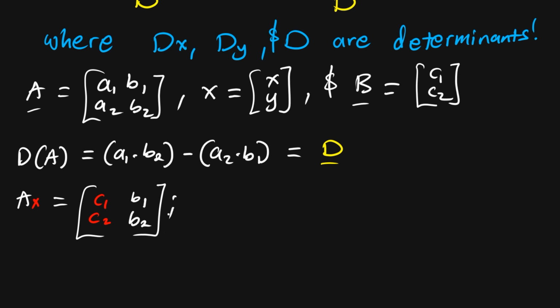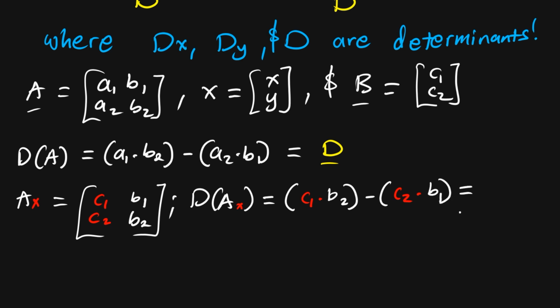So from this, let's obtain the determinant. The determinant of Ax will equal the product of elements on the major diagonal, which is c1 times b2, minus the product of elements on the minor diagonal, which is c2 times b1, and this will give us the value of dx.